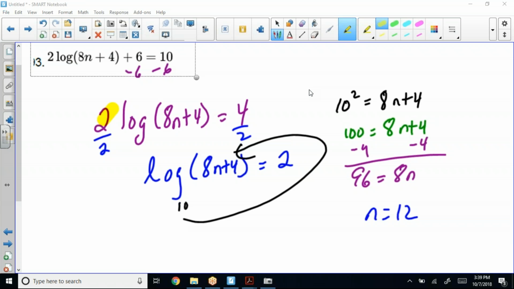So before I do 97, let me ask: is there one in particular you want to see, or is there something that you want worked out? No takers?